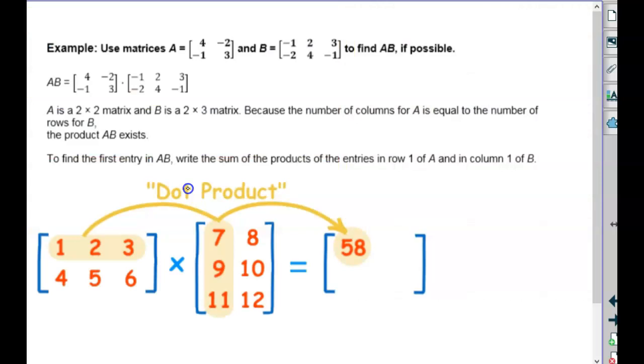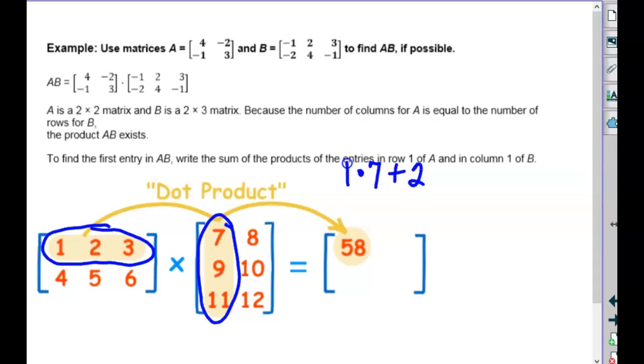All right, let me give you an example. Here's a real quick one. If I want to do this, I do row 1 times column 1. So I'm doing 1 times the 7 plus 2 times the 9 plus 3 times the 11. Does everybody see where those are coming from? Okay. And then I add that all together and it goes in row 1, column 1.